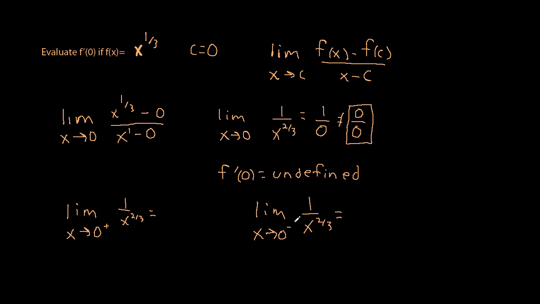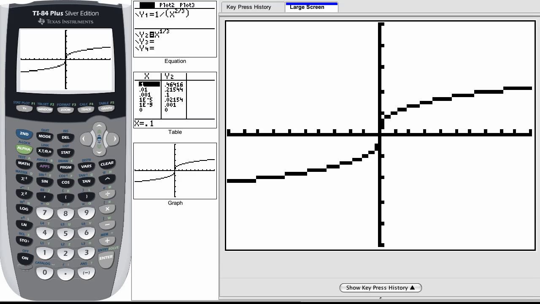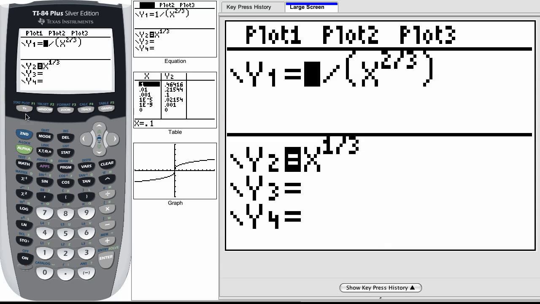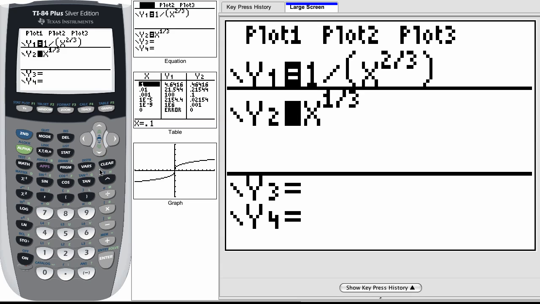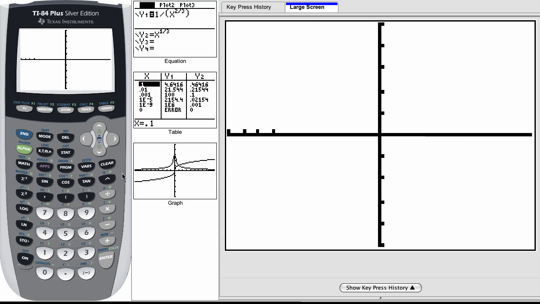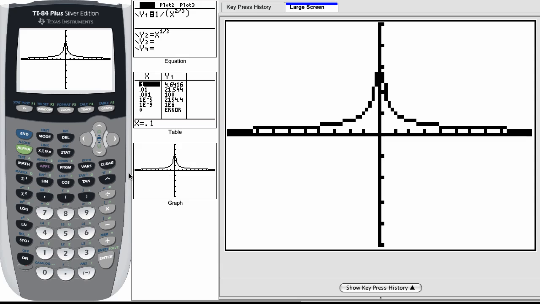If I consider these two sides independently, I'm going to do that on my calculator. I'm going to go to my y editor, and I already have this function plugged in here. So if I turn off my first function and look at my graph, I'm just going to use this graph to help me evaluate the limit graphically.